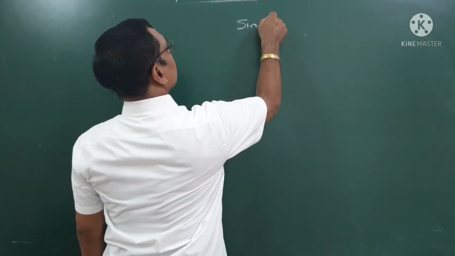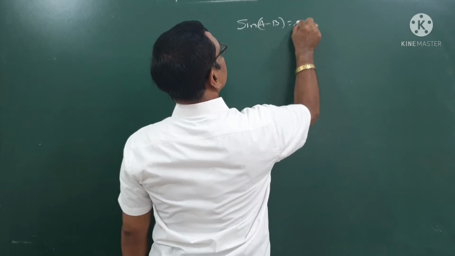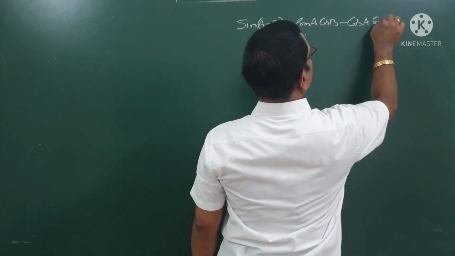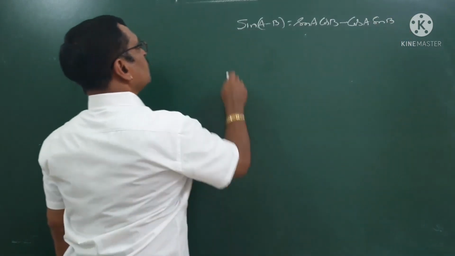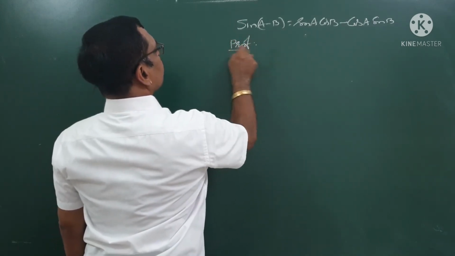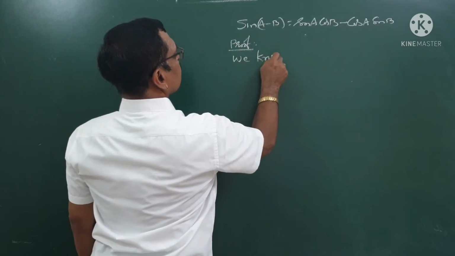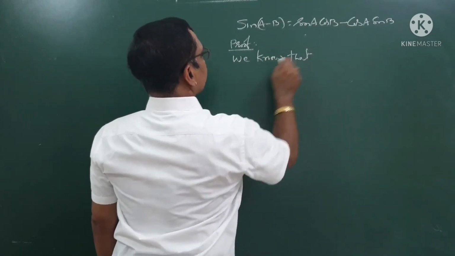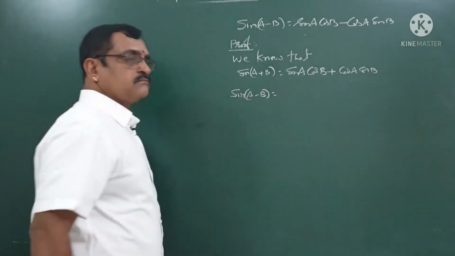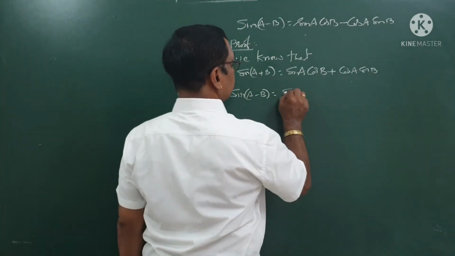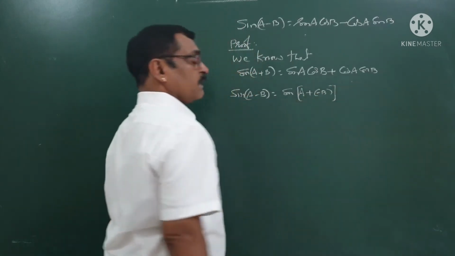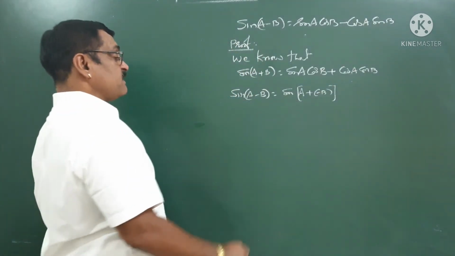Sin of A minus B is nothing but sin A cos B minus cos A sin B. How? Very simple. I can write it as sin of A plus minus B. Now I apply my sin of A plus B formula.